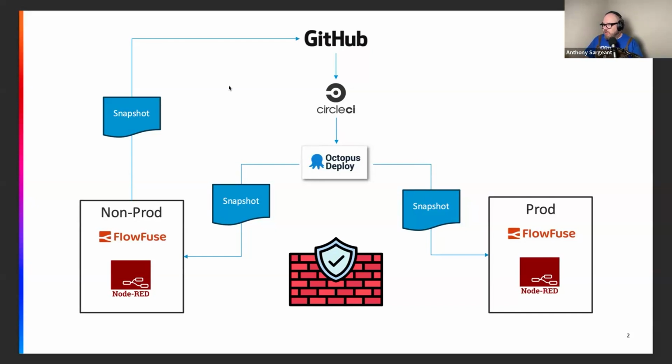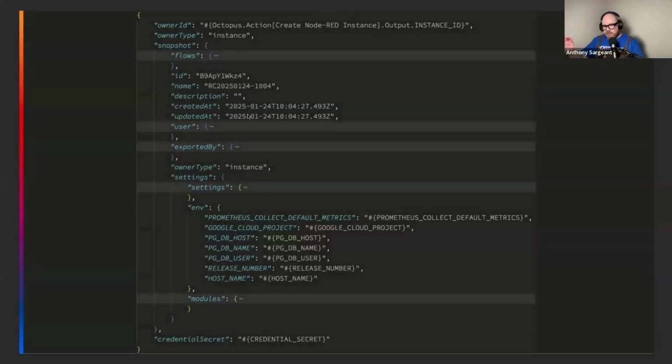Once we pull out the snapshot, it will look a little bit like this. Apologies if this is small text, because there's nothing that says what a great presentation like code on a screen, right? But if you look up here, we've got owner ID, and we've got this octopus.action create, that's an Octopus specific thing. And then in the environment we've got these Octopus variables.